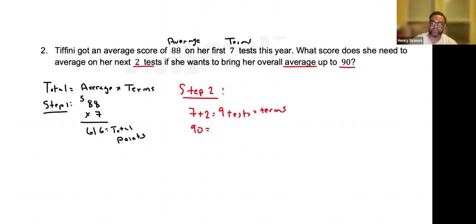So let's look at how many points she's going to have if she does that, right? I'm going to do 90 times 9. And 90 times 9 is 810. So that's the points needed.